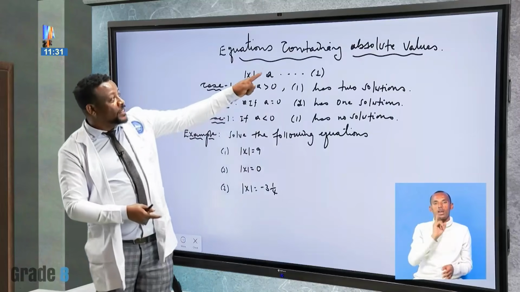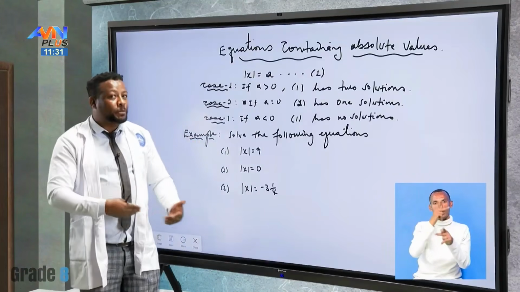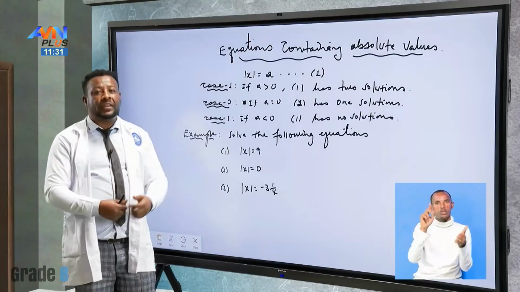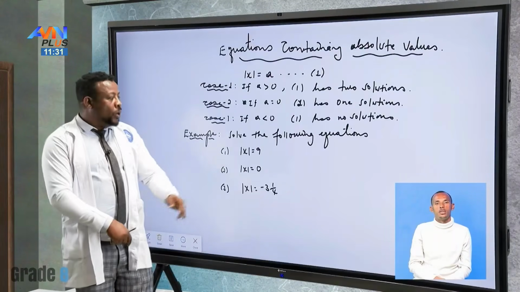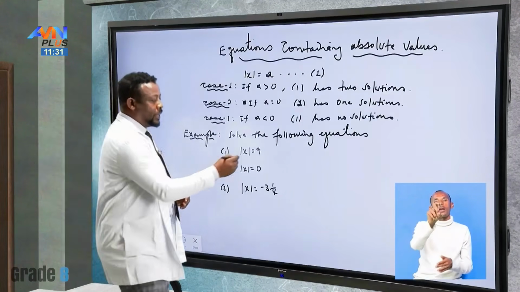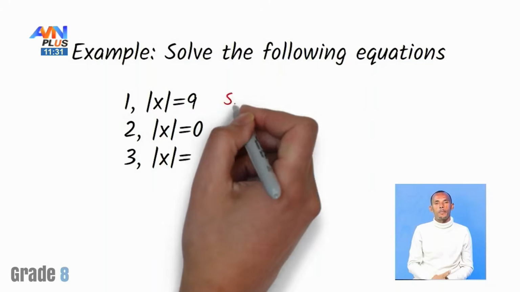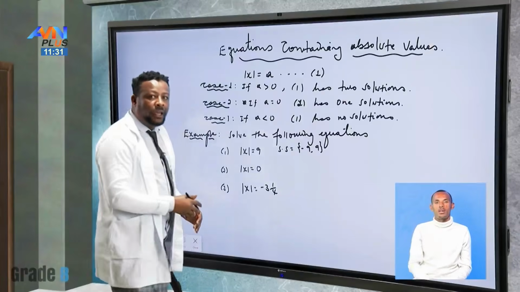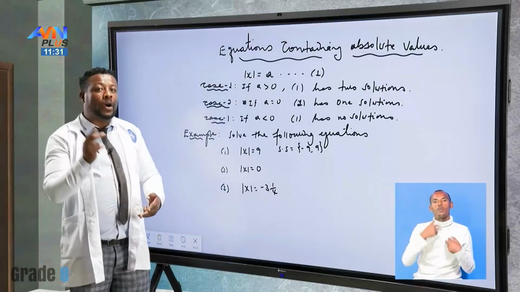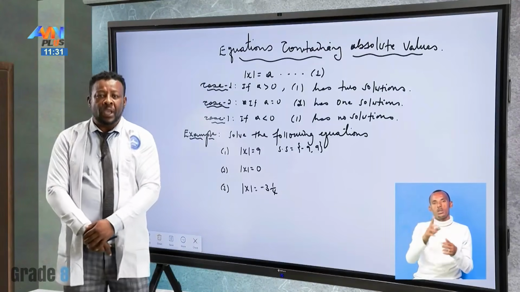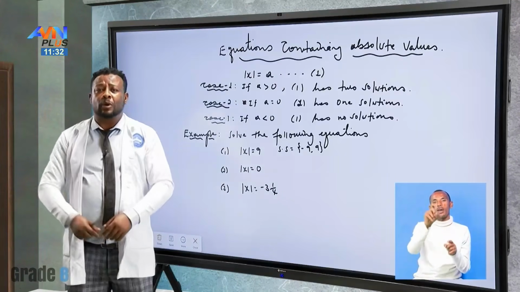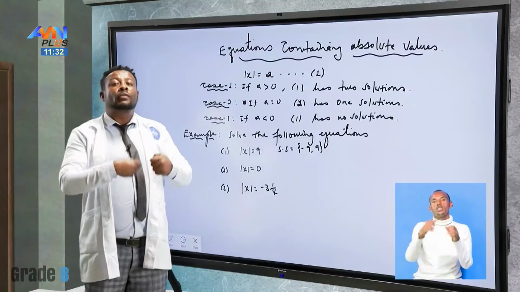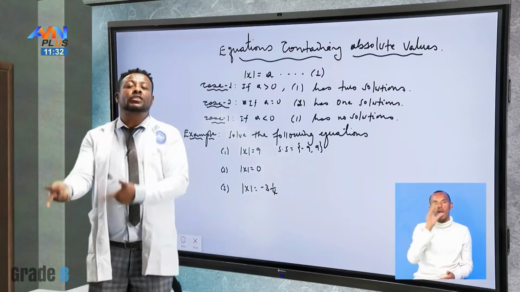Since a is positive, we expect two solutions for the first question. So this x can be minus 9 or 9. We will have two possible values for the first equation. If you make it the absolute value of x is equal to 20, the possible values of x will be 20 and minus 20, right?